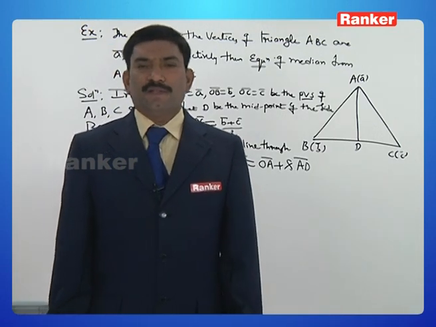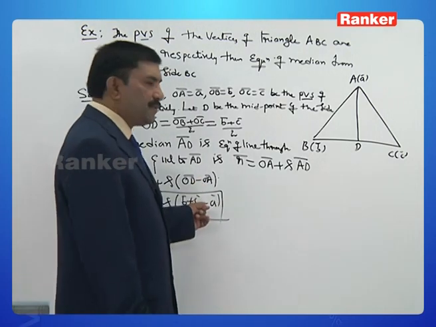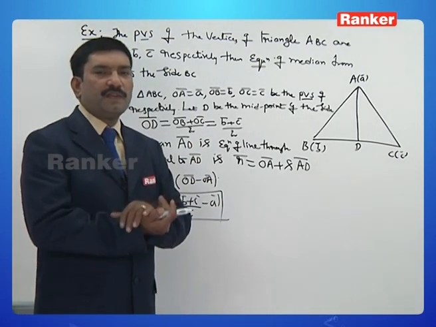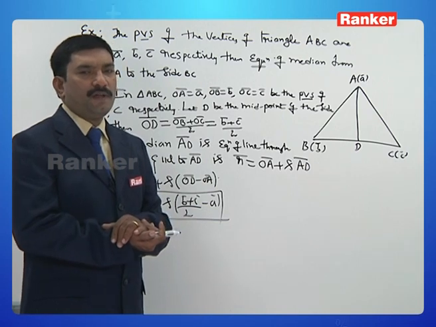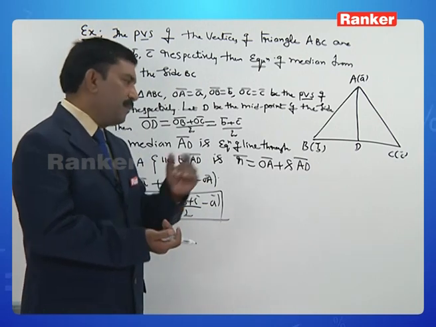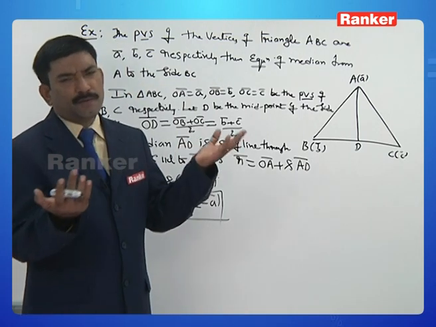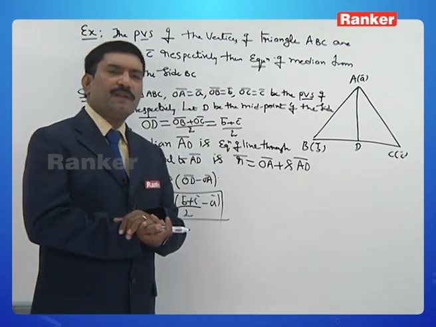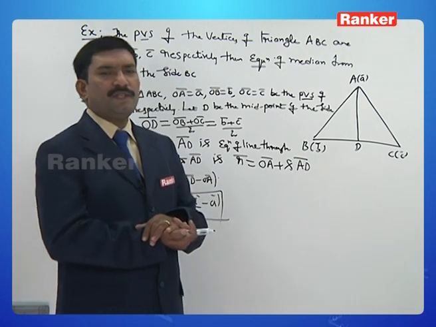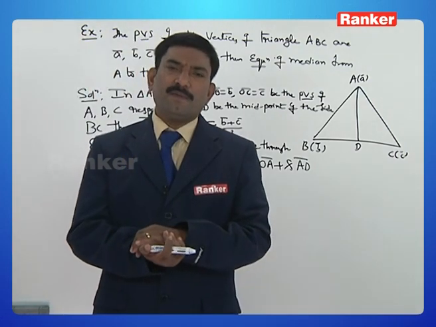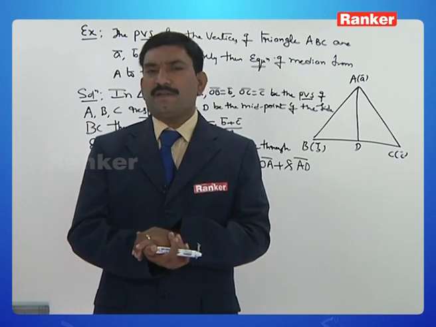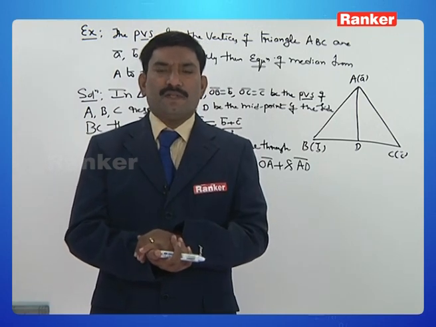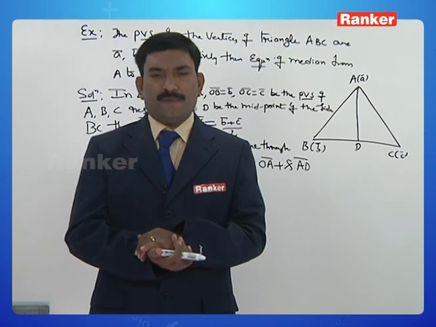So therefore, this is the application of both vector equations. I made use of the vector equation of a straight line passing through the point A bar parallel to vector B bar, or else you can go for the vector equation of a straight line passing through the 2 points A bar and B bar. That can also be used here. It all depends upon the options which are given in your paper.